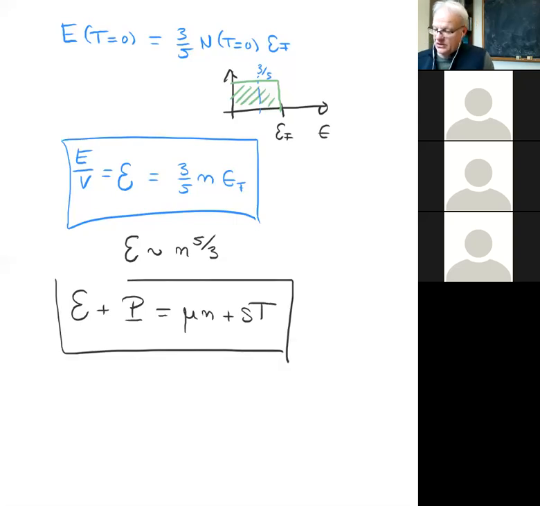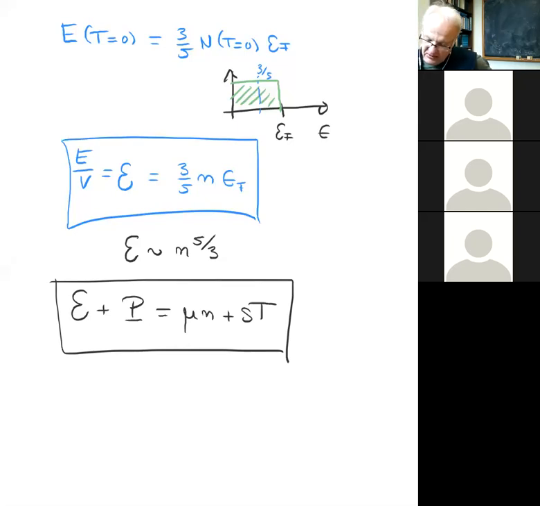It follows from the homogeneity of the system, the fact that, say, the total entropy is the volume of the system times the entropy density. And then entropy density is only a function of density and, say, energy density or some such thing. So we showed that a little while ago.